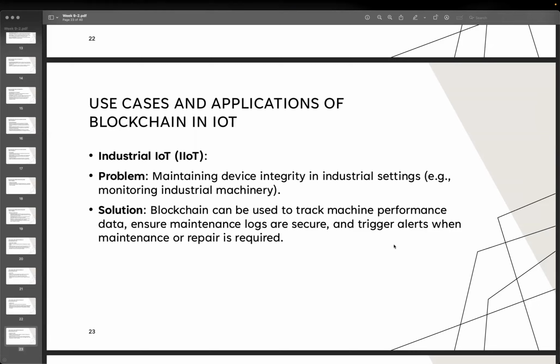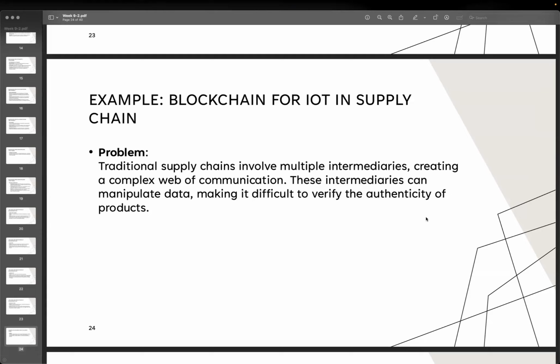And here, just think, because we talk about the supply chain, right? Traditionally the supply chain has multiple intermediaries, so it creates a really complex web of communication, because we are updating the courier, the company that needs to ship, the customer who needs to check, and different warehouses in transition.